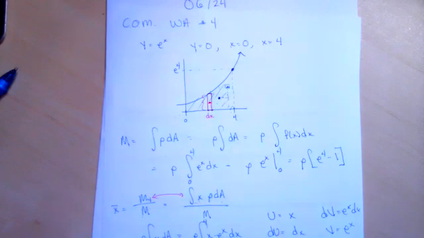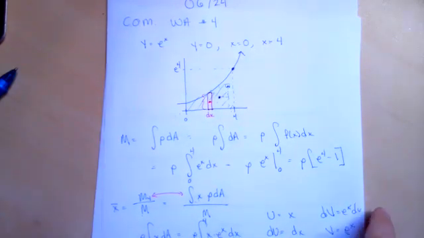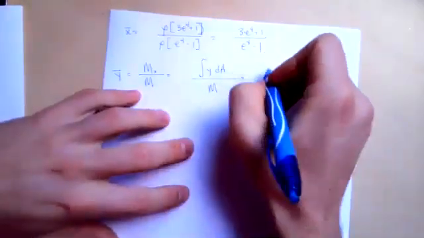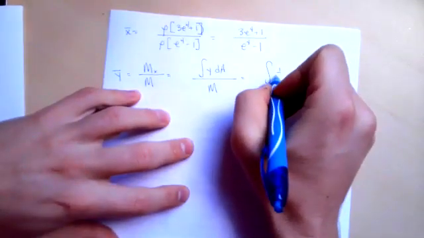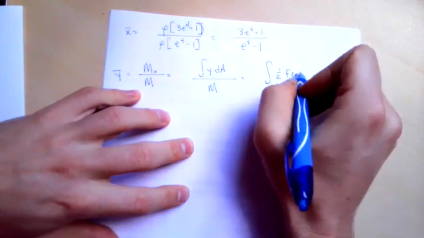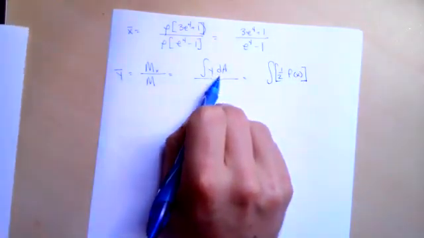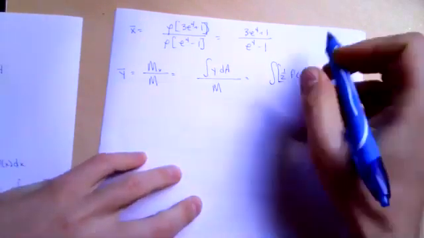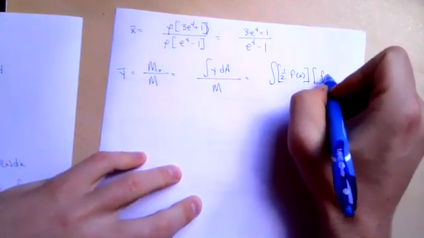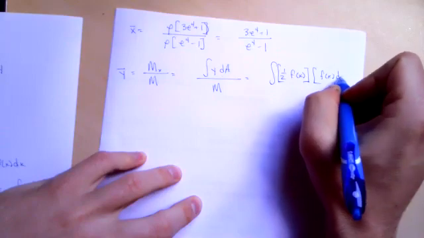It's going to be right in the middle. So it's going to be 1/2 f of x. And then our dA is still just f of x dx.